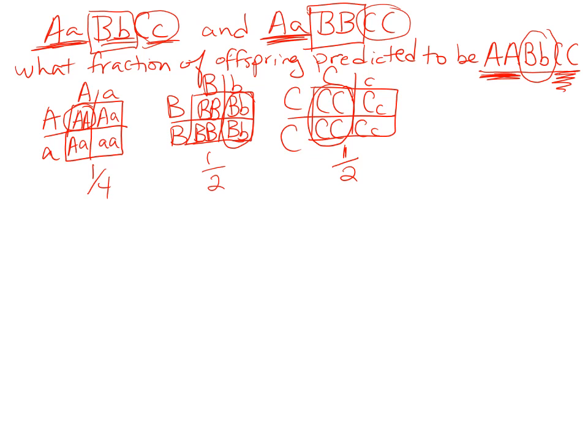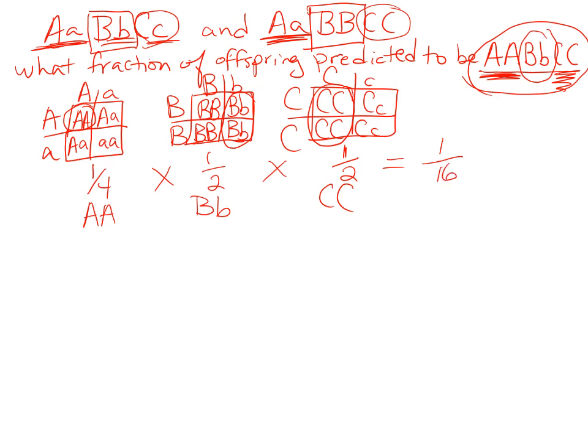So now all you do to get this predicted genotype is you multiply your 3 probabilities: the probability of AA, the probability of the heterozygous B, and the probability of the homozygous dominant C. And you get 1/16 for this genotype.